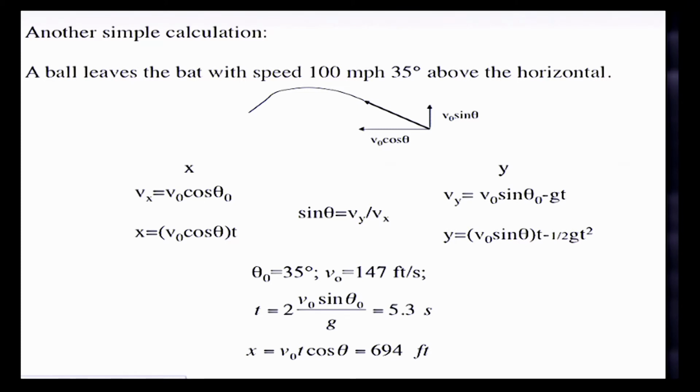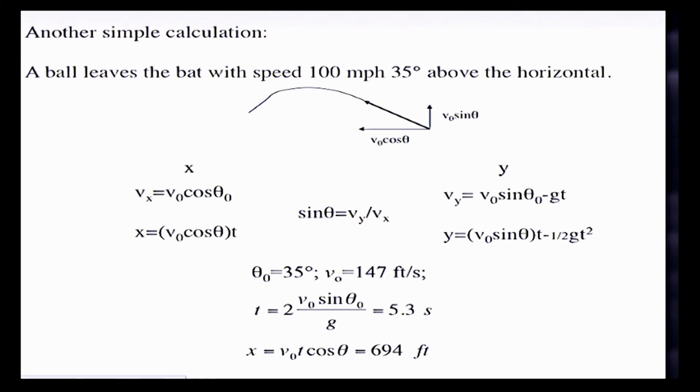Here's a simple calculation. It really just uses the 1/2 gt squared, which is hidden in here, to calculate if the ball does leave the bat at 100 miles per hour. Actually, I pulled this slide from a lecture I give to the seniors in physics. So, at any rate, it has some angle above the horizontal. We need to know what that is, and so there are two components of the velocity.